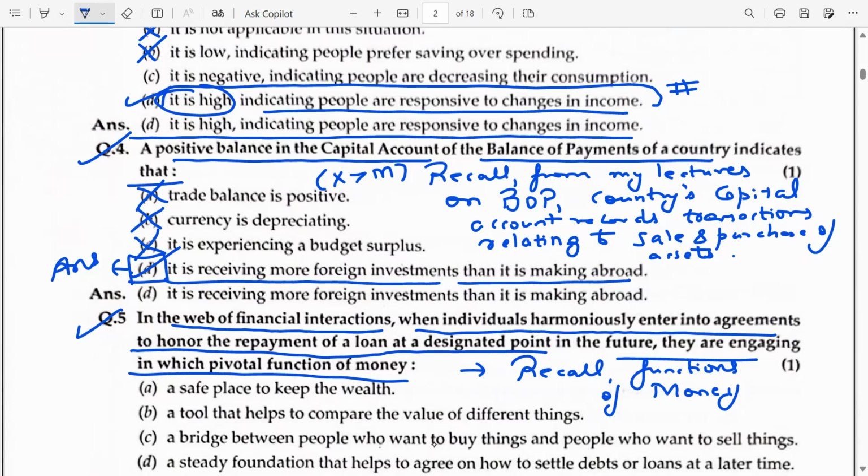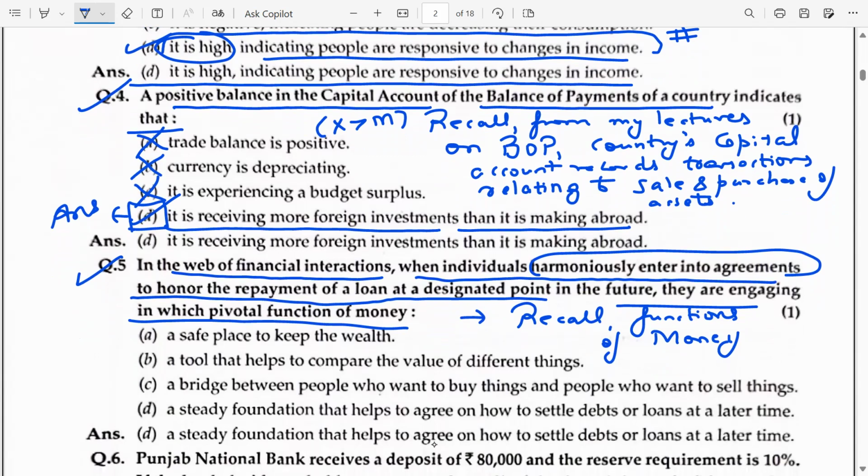So when individuals enter into agreements to honor the repayment of a loan at a designated point in the future, which function of money corresponds to option D? A steady foundation that helps to agree on how to settle debts or loans at a later time. That means deferred payments. You can use money today to settle loan contracts or debt contracts in the future.